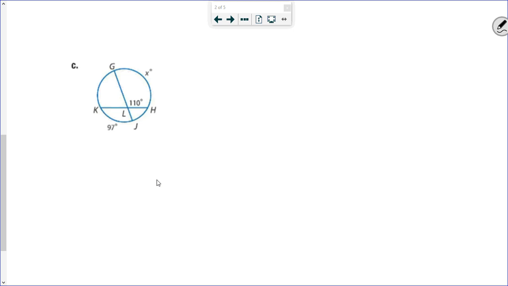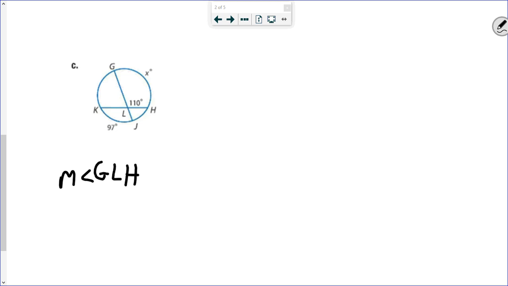All right, if you've worked on problem C and you're coming back to see how this works out, we're going to have to go the other direction. We're looking for the measure of arc GH. How does GH relate to what we've been given? We're given the measure of angle GLH.